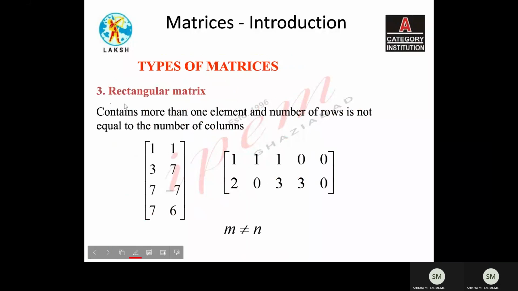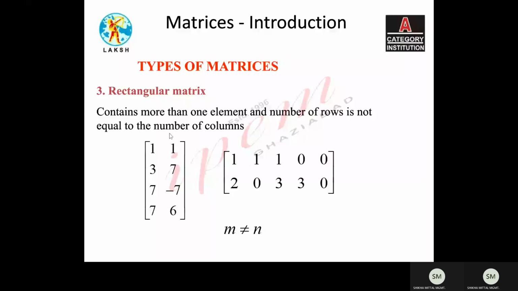The third type is the rectangular matrix. Rectangular means the number of rows is not equal to the number of columns. This type of matrix is known as a rectangular matrix. It contains more than one element and the number of rows is not equal to the number of columns. As in the first example, there are first row, second row, third row, and fourth row. And the number of columns is 2.